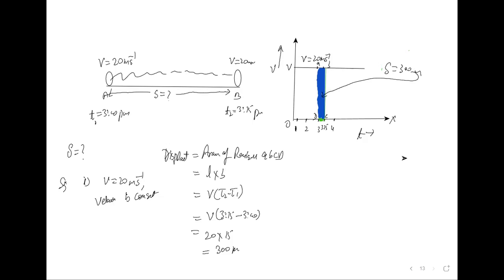Sir, why is it 20 times 15? Because the velocity is 20 times 15 minutes, but we will convert 15 minutes into seconds. Yes, I didn't convert it.